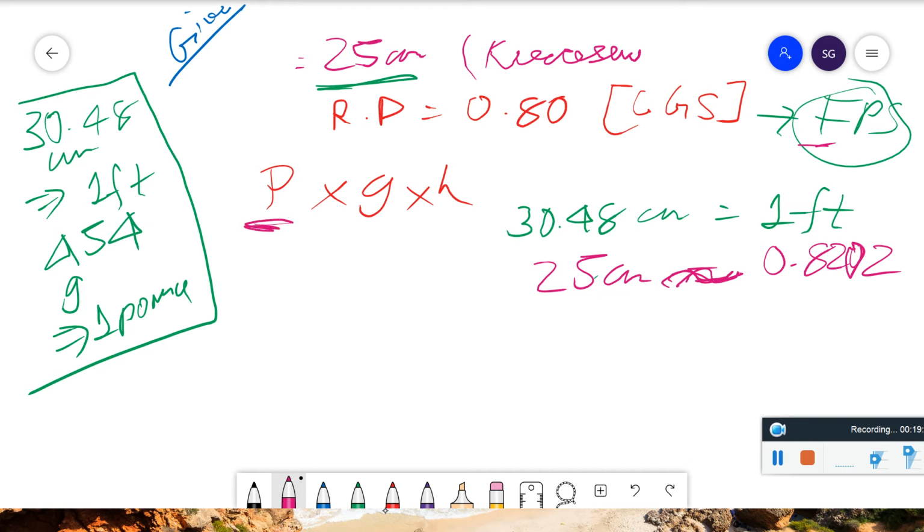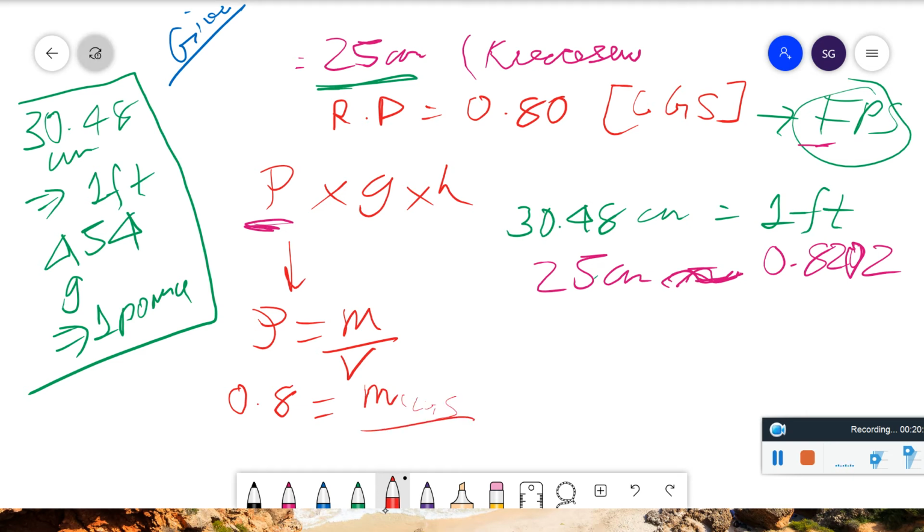Density is equal to mass upon volume. Now here we have been given density as 0.8 in CGS, mass in CGS and volume in CGS.